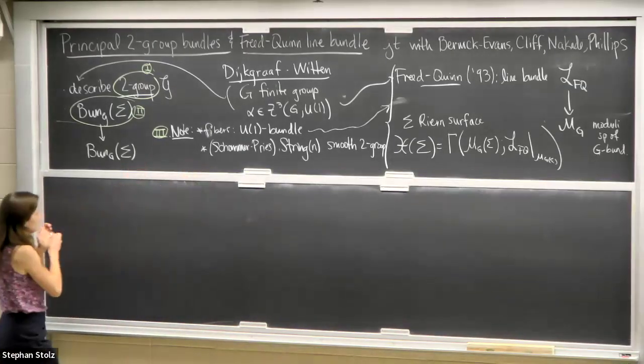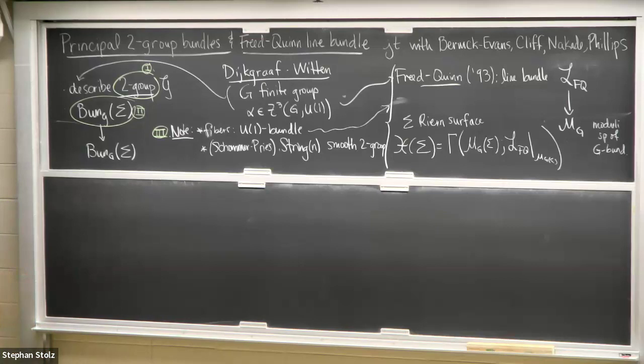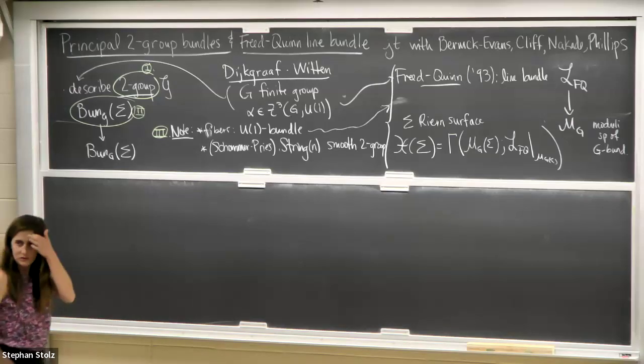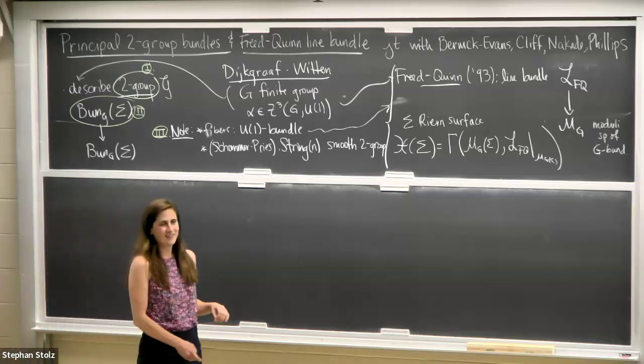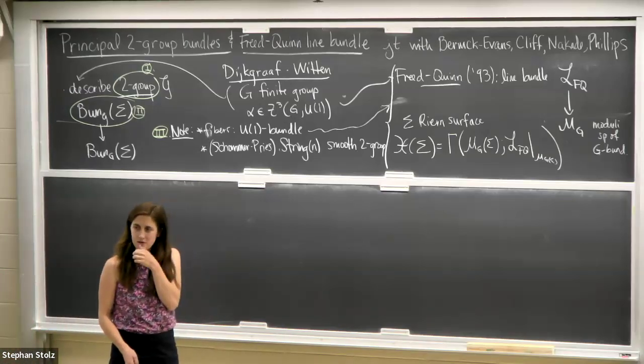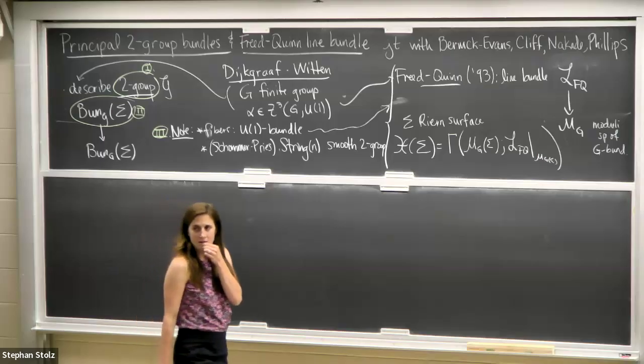Okay. Just to be sure that I'm on the same page, G is the finite group. So MG is just a collection of isolated objects with stabilizers. So isolated types of G coverings with the isotropy groups, and over each point there is a fiber of this Freed-Quinn line bundle.